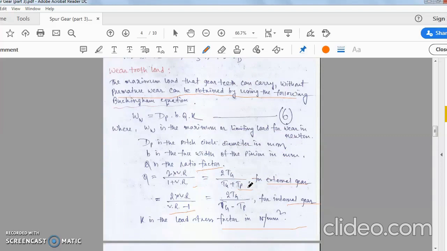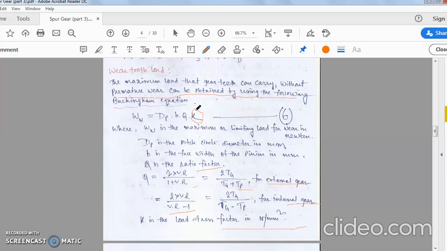It is quite expected that coefficients like K, correction factors or these factors, will be given in your numerical. However, if these values are not given, you should assume some value, but the assumption must be a realistic value.